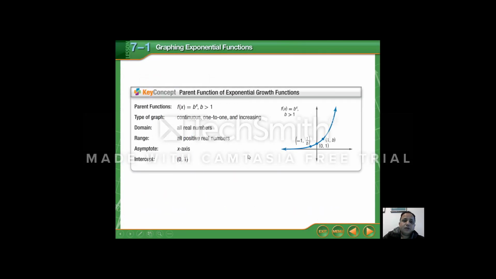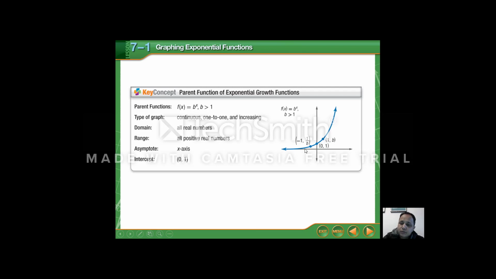Now, the parent function of an exponential growth function is denoted by f of x equals b to the power of x. Here b has to be greater than 1, and the graph of this function will always be continuous and always increasing.